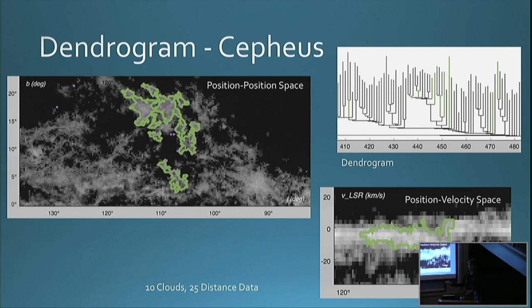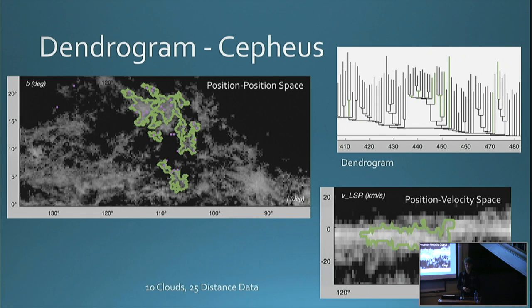So it's a number of different features. Is it one pink dot per green feature? Not necessarily. Sometimes, for example in the Perseus cluster, there was a very large number of distance data for a single dendrogram feature, but there was at least one distance datum per green feature.